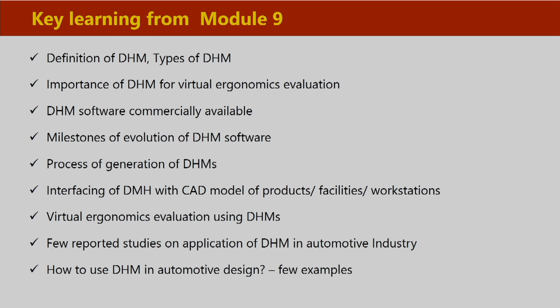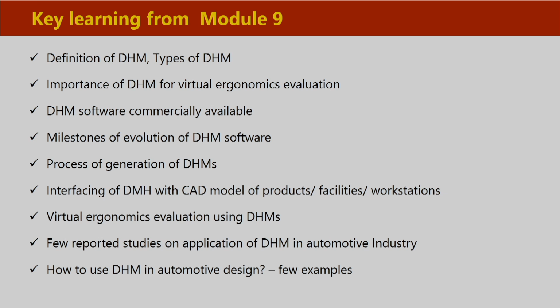Then digital human model softwares which are commercially available, starting from Boeman in the 1960s up to date, where there are so many advanced softwares like Santos, Jack, SAMMIE, ANSYS. Then milestones of evolution of digital human modeling software, how it evolved over the years, starting from the stick figure to the realistic human model in the current scenario.